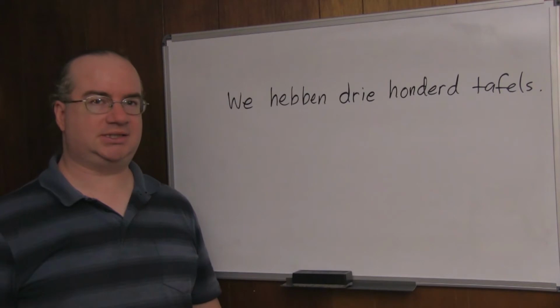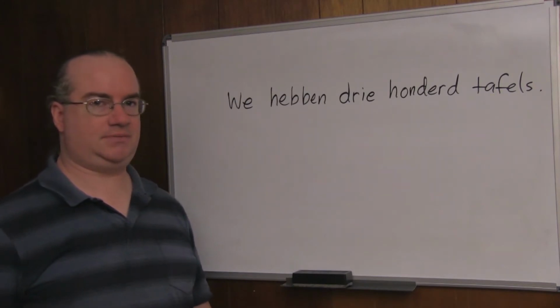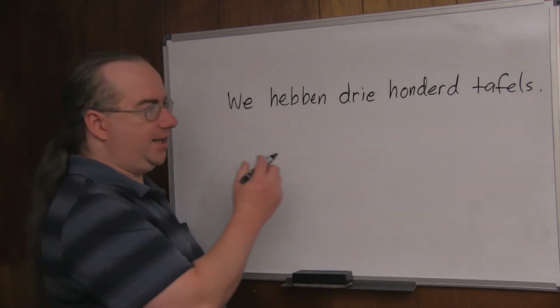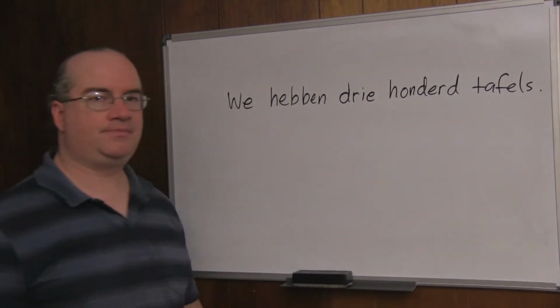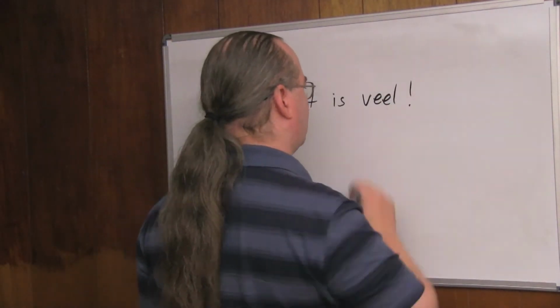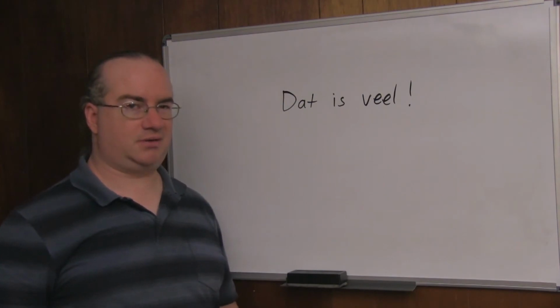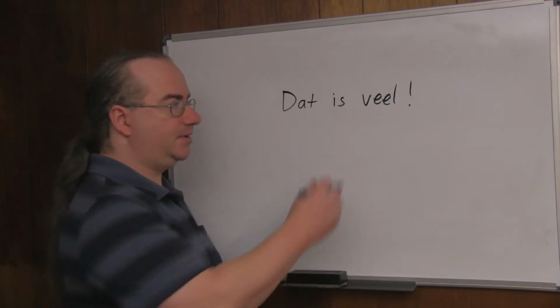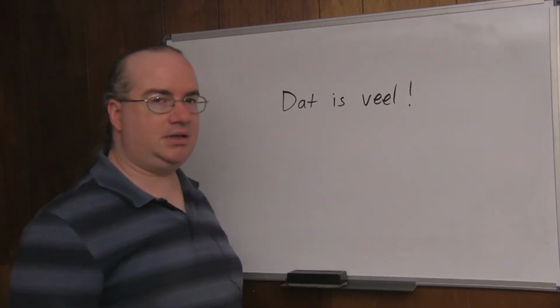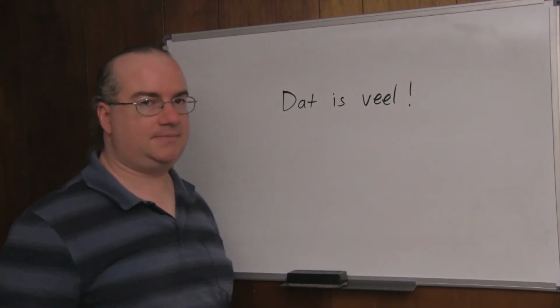We hebben 300 tafels. We have 300 tables. 300 tables, huh? Dat is veel. Veel. This word means many, much, or a lot.